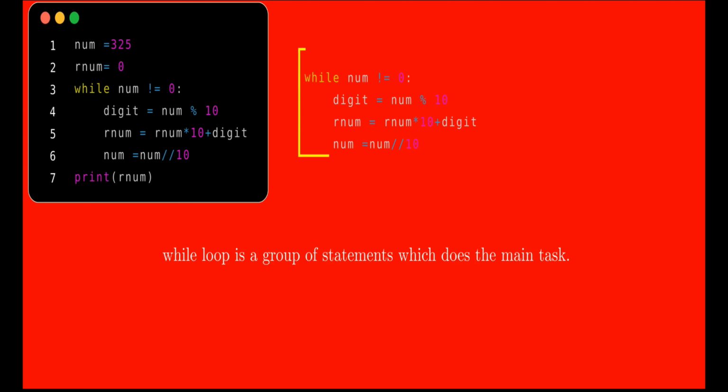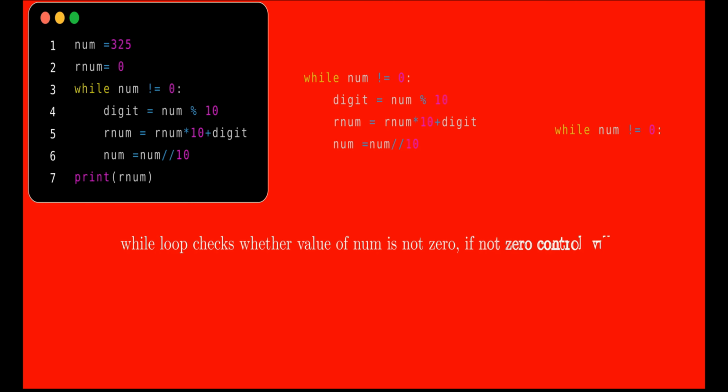It contains 3 more lines, in which the first line is digit, which refers to num modulus operator 10, and the second line inside the while loop is rnum, where rnum is the reverse number, which refers to rnum multiplied by 10 plus digit, and then num is equal to num divided by 10. It means num refers to num divided by 10.